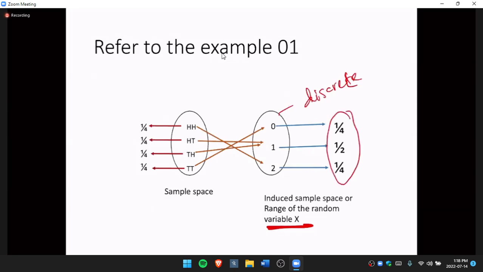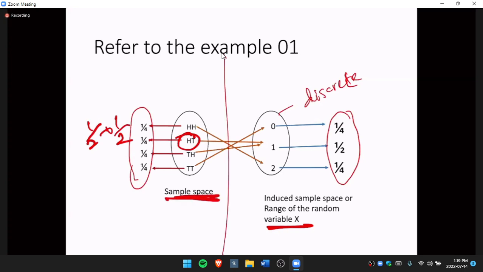The probability of getting HH is half times half, that is 1 over 4. The probability of getting HT is half times half, again 1 over 4. Likewise, we have equal probabilities for the sample elements in the original sample space.